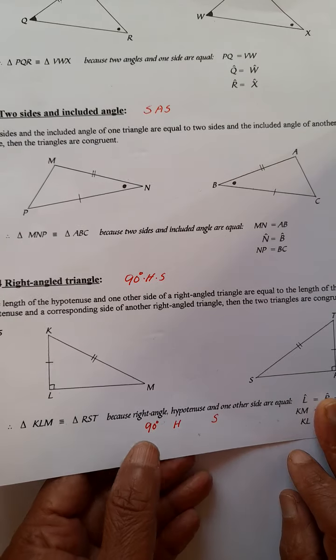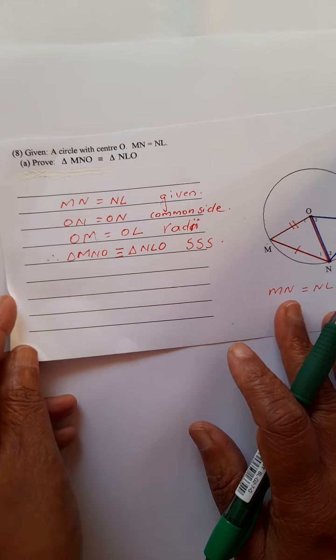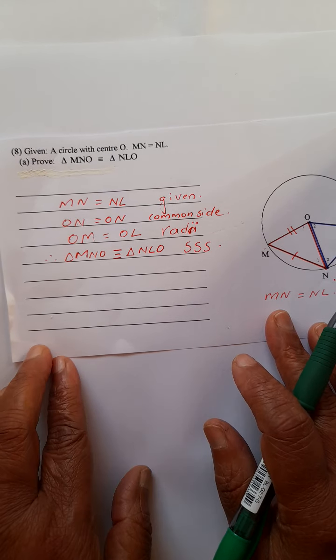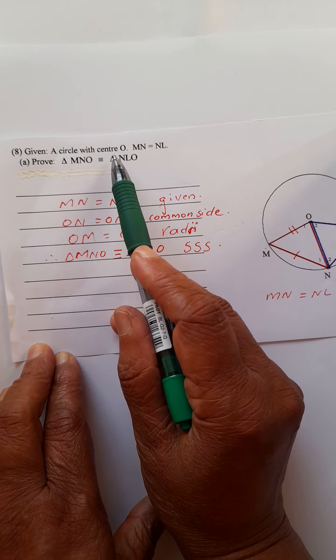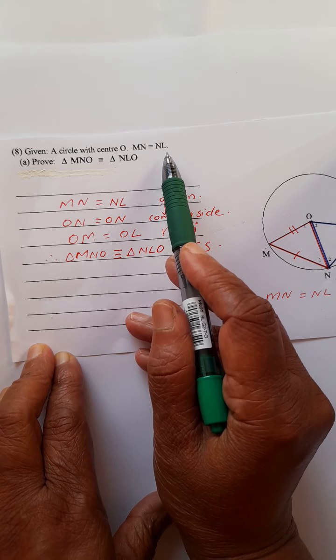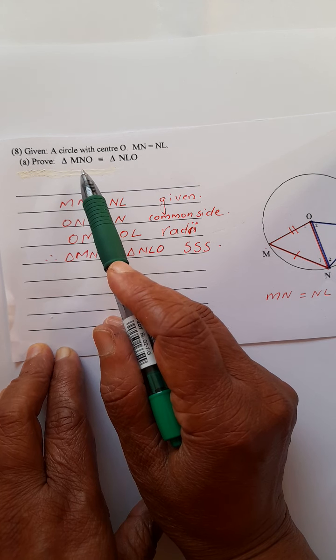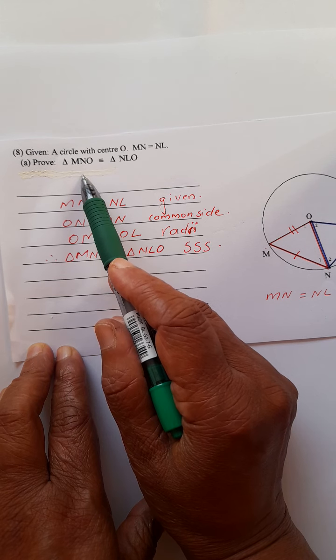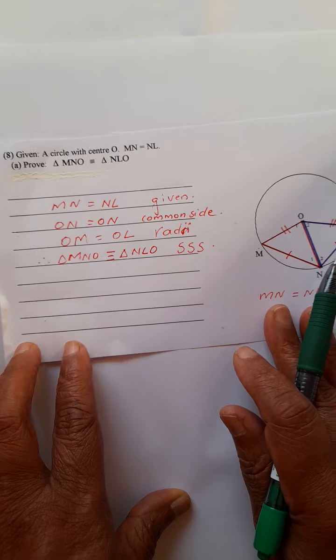So these are the four conditions. We are going to use these four conditions to prove two triangles congruent. Let's do one question here. In this question, it's given a circle with center O, then MN is equal to NL, and you have to prove the two triangles congruent, that is triangle MNO is congruent to triangle NLO.